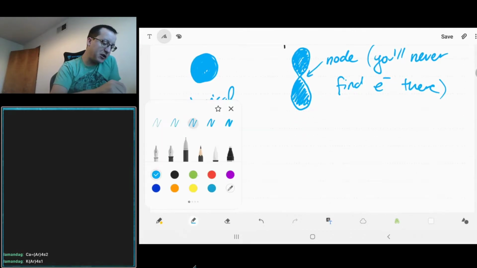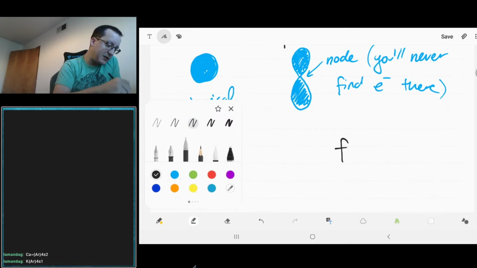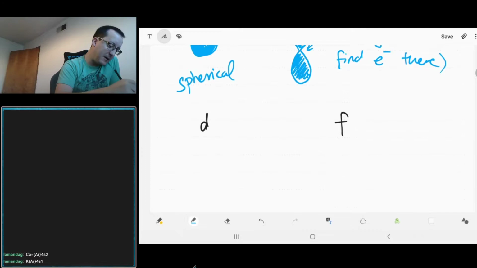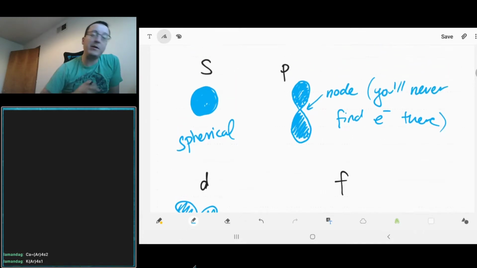Alrighty, so I'm just showing you what these look like. You can go through d orbitals. D orbitals, actually, there's some interesting shapes going on. You're going to have kind of four-leaf clovers. And you remember that there's three different p orbitals, right?